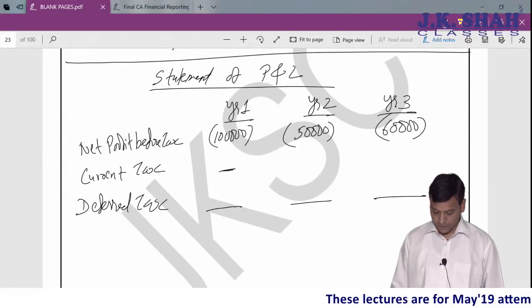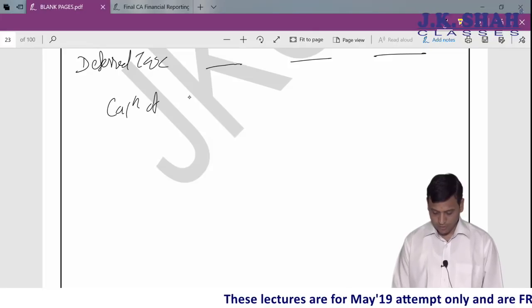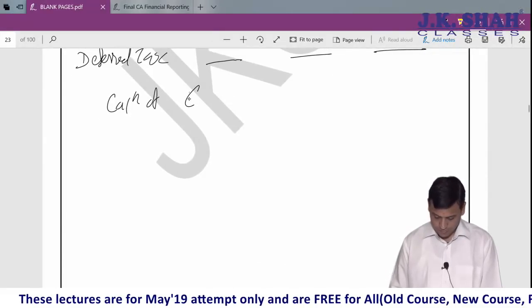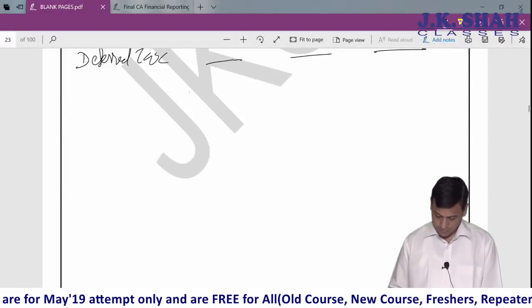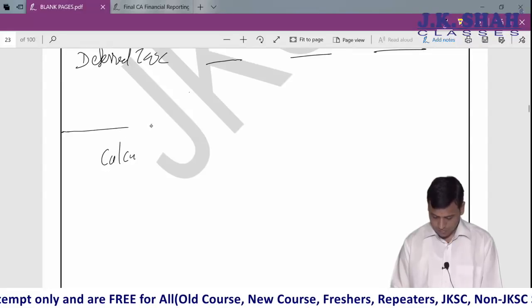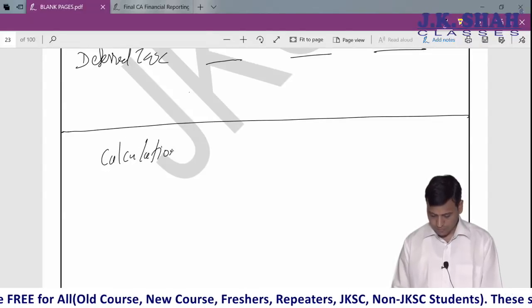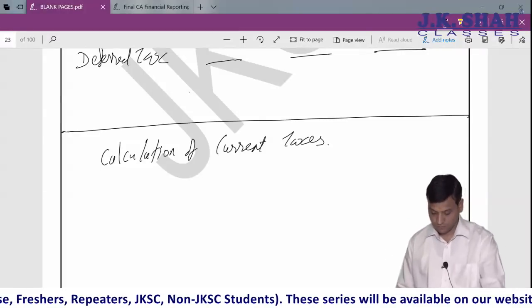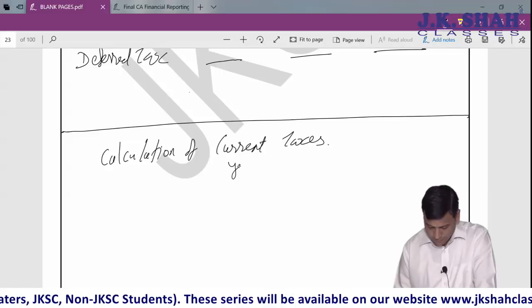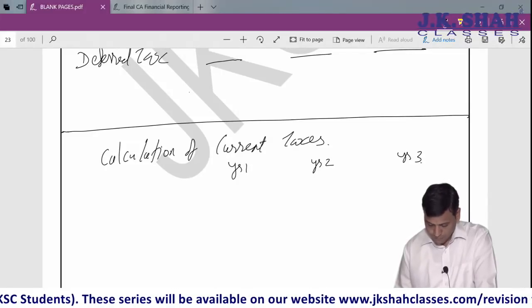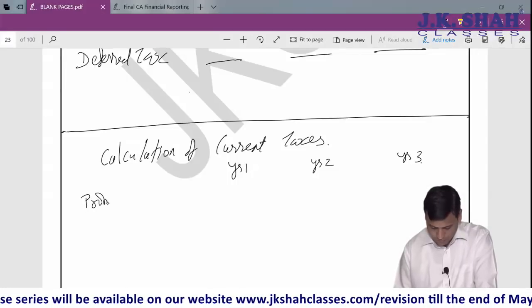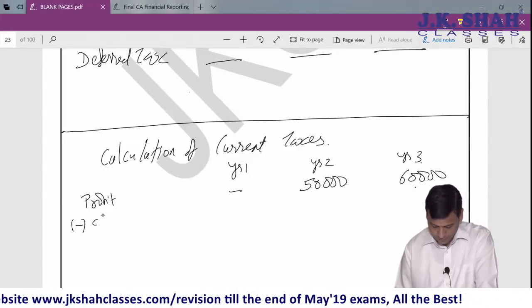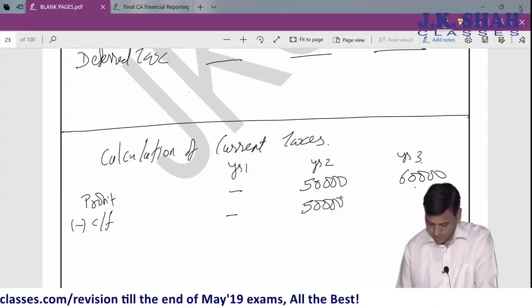Now, calculation of current tax. I'll just write it down. Do you agree?